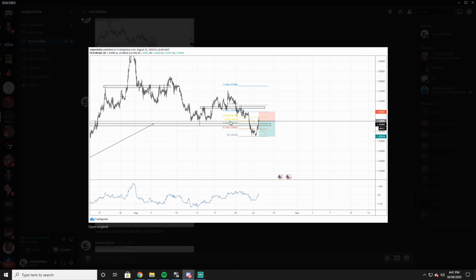That's something I should have done, looking back at it now, but you live and you learn, and you just aim to improve in the future. We can also see that there was heaps of rejection on this 0.6 candle, and then back on this 0.5 candle I entered, and I was looking for my take profit down at this previous market structure. So let's see what happened.